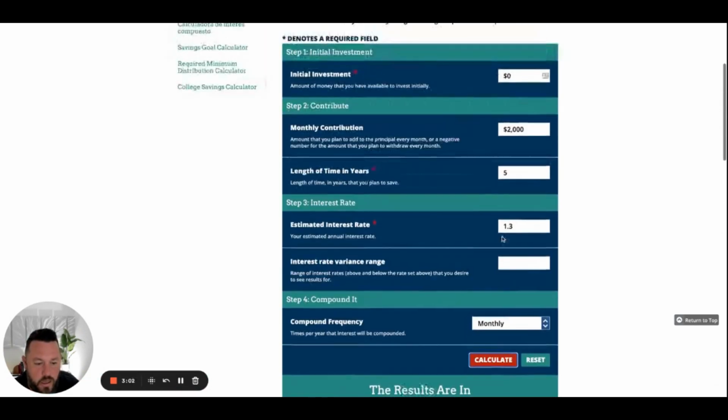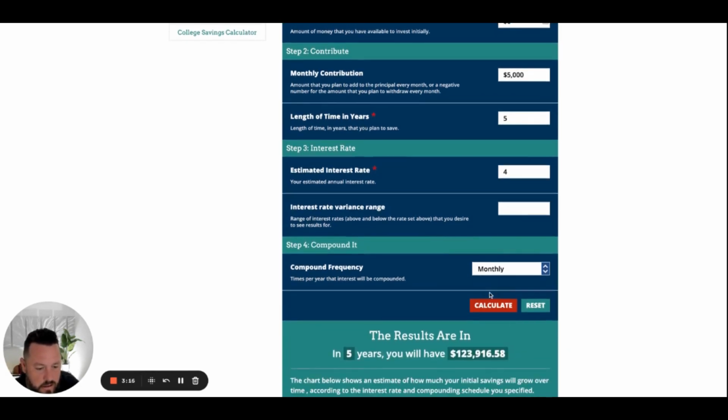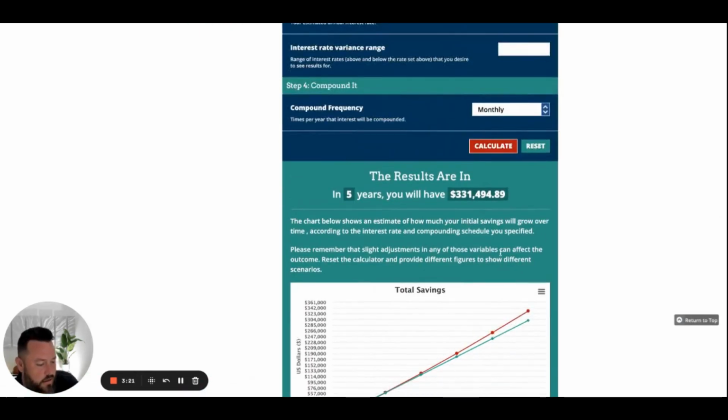Okay, let's do that again, but let's say that you have a bigger pension. Let's say it's $5,000 per month, and we go the same thing. At the end of 5 years, your DROP amount is $331,000.